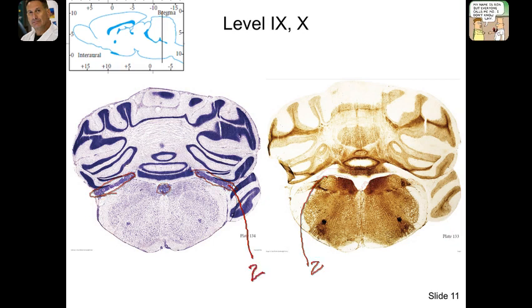And we have our pyramids, white matter. And you can see the fourth ventricle is stuffed with choroid plexus.